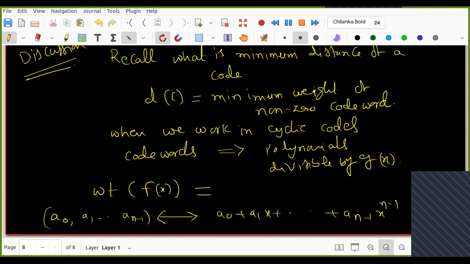Can you tell me the weight in terms of something? F of 1? Not f of 1. Okay, f of 1 when you are working in binary, correct? Yes, sir. Very good, a very nice idea. It is equal to f(1) when we are working in binary. Otherwise, what?